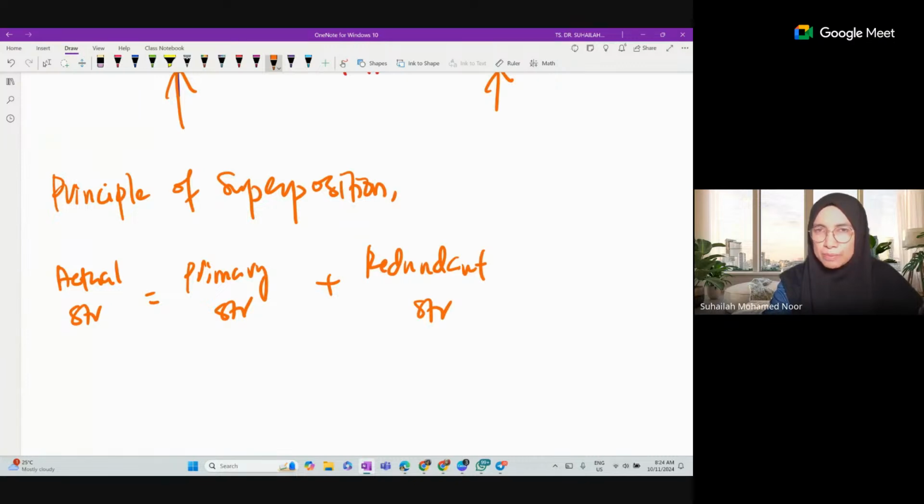Under the principle of superposition, the actual structure is the indeterminate structure.